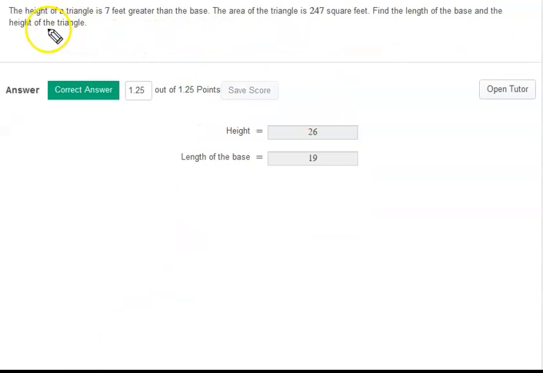In example 8, we're asked to find the height of a triangle, and we have the area. So reading it carefully, pause. We want to find the length of the base and the height. A diagram will be useful. So there's a triangle, there's the base, and there's the height.